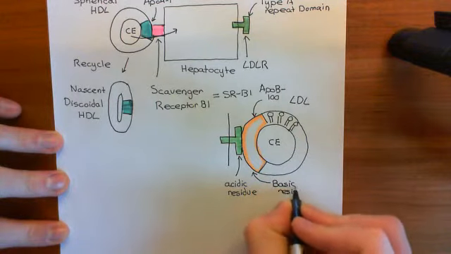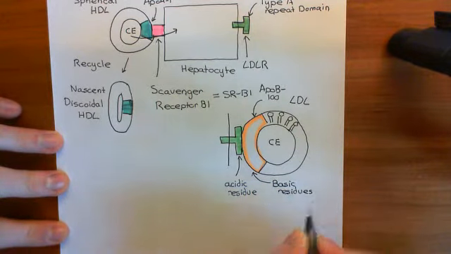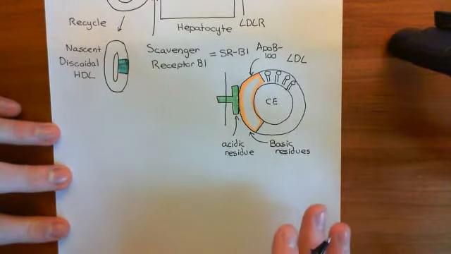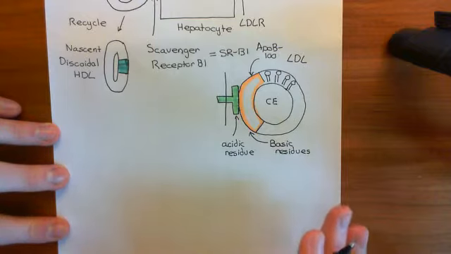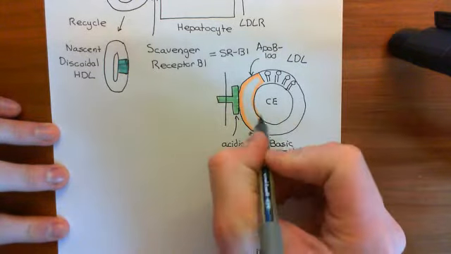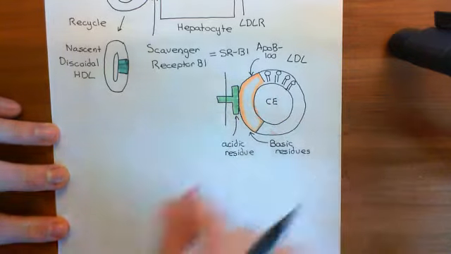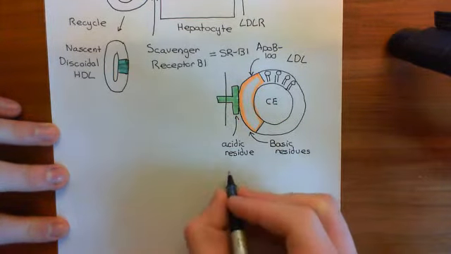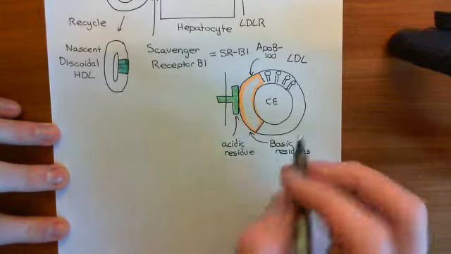Okay, so how are these important in the interaction between the type A repeat domain of the LDL receptor and the apolipoprotein B100? How is that important, basically? Okay, well, basically, if I show you an acidic residue and then a basic residue, we might be able to understand how this is going to help these two proteins interact.